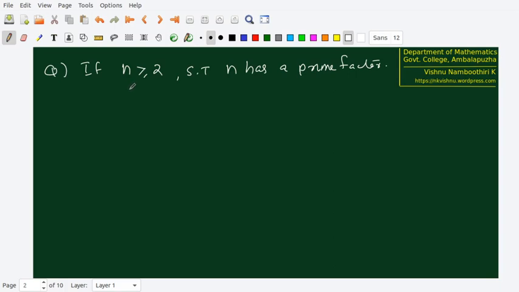Now, the question we have is to show that if n is a natural number greater than or equal to 2, then n has a prime factor. In many problems in number theory, including this one, we use mathematical induction as a tool to establish what we actually want.